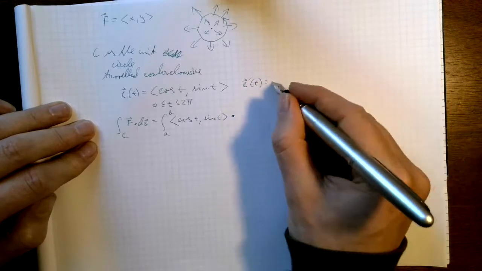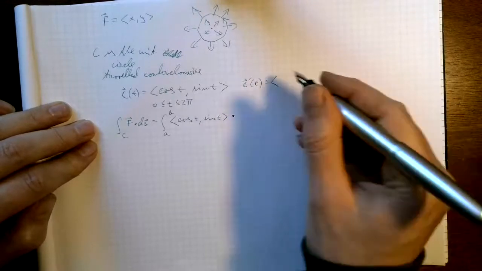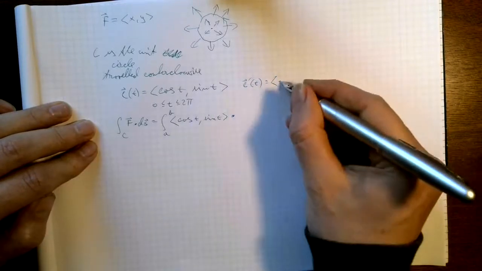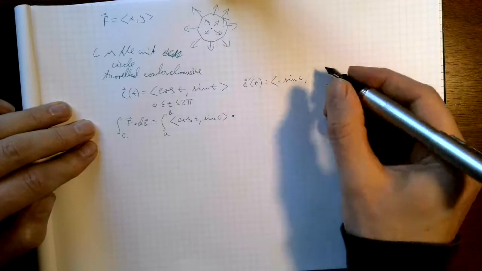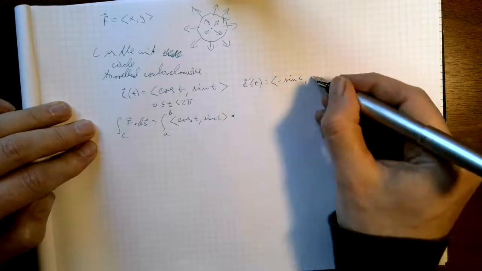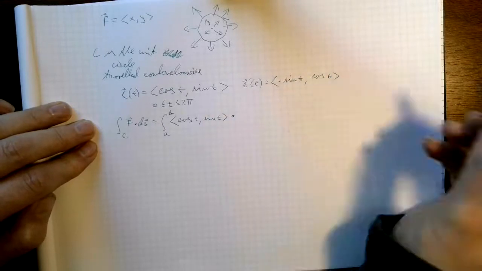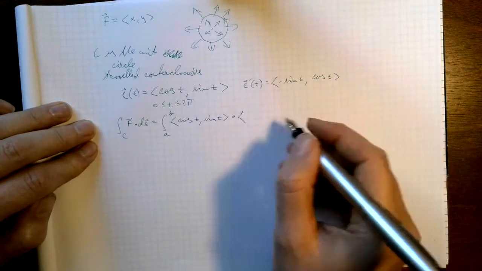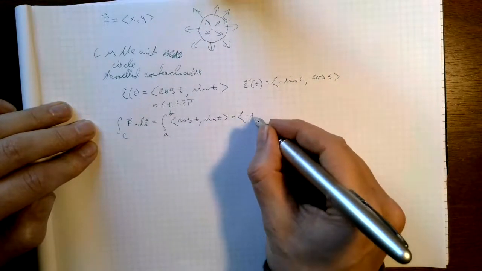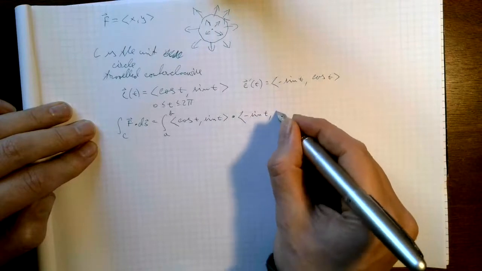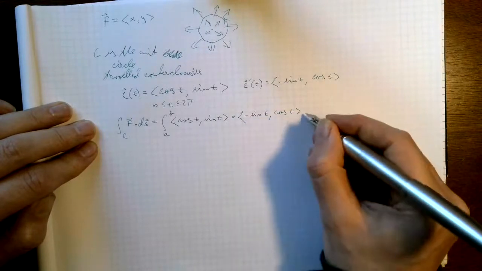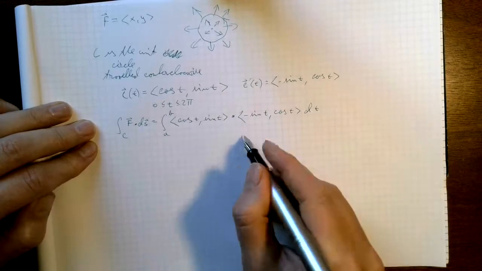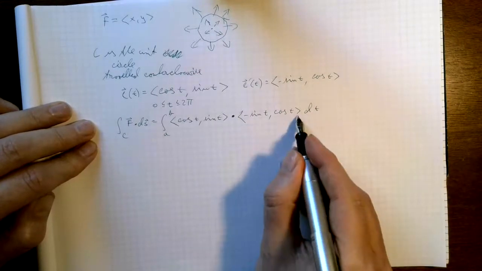For c prime, the derivative of cosine is minus sine, and the derivative of sine is cosine, so I put that here: (minus sine t, cosine t) dt. That's f dot c prime dt.